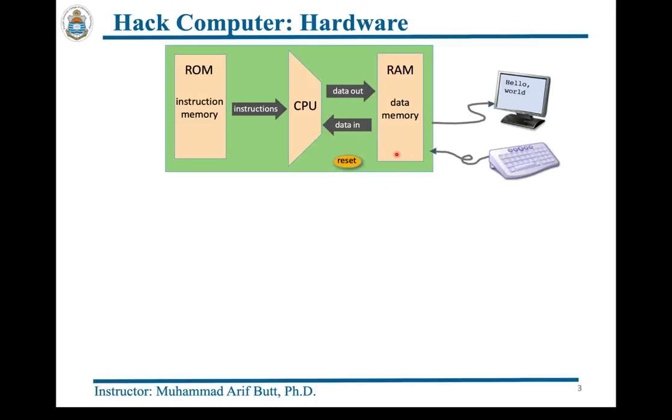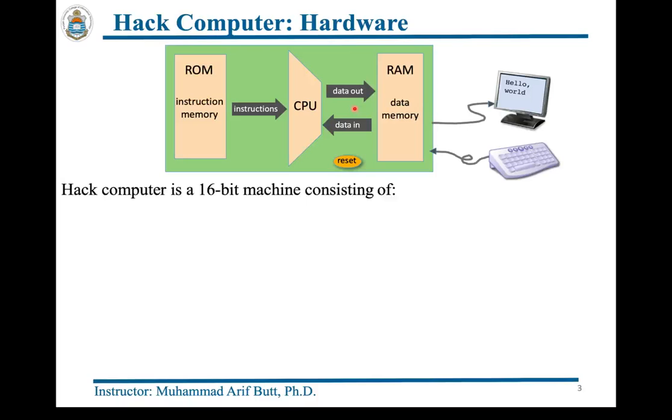The main components of our hack computer are a CPU having the ALU and a bunch of registers and control unit, 2 separate memories, one for the instruction and one for the data, a keyboard to get runtime input from the user, a screen to display the output of a program, and of course the data path, that is the instruction, data and the address buses. And remember, there are certain hardware components that we still need to design in the later part of this course.